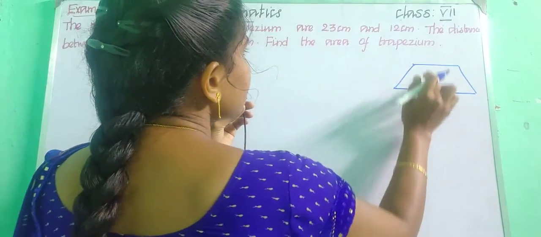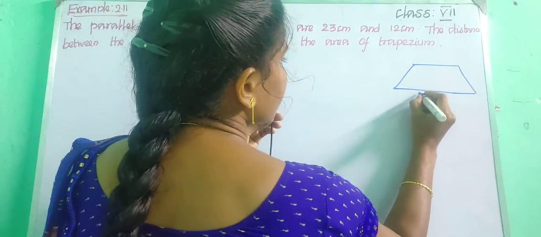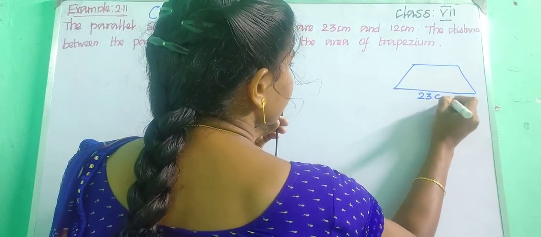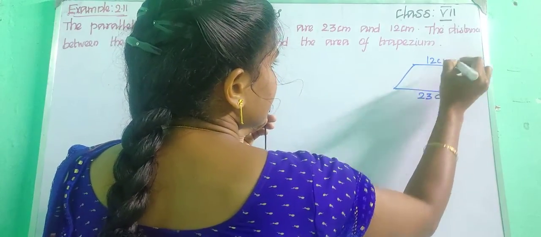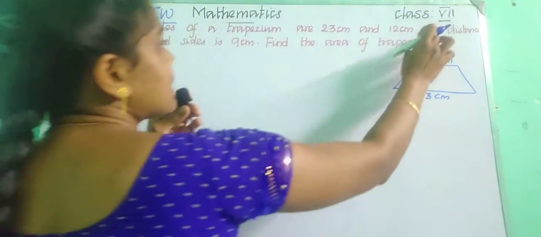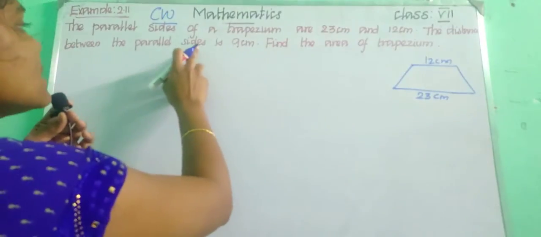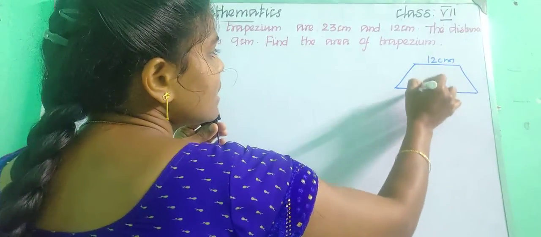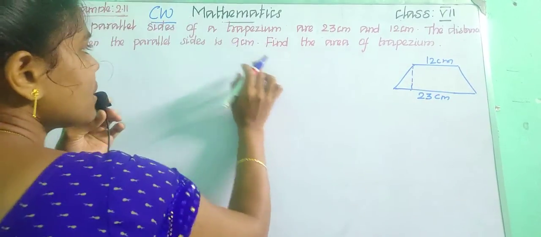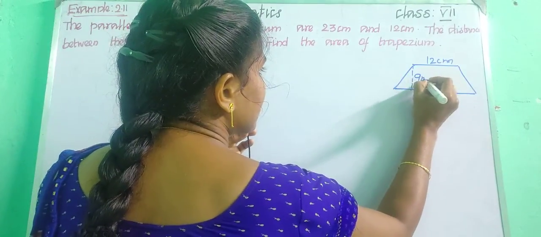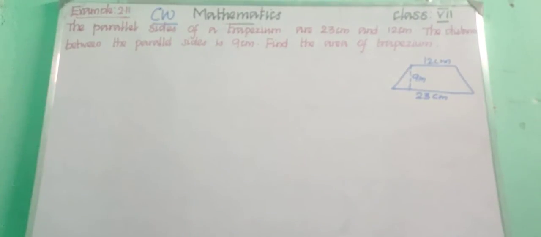The parallel sides of a trapezium are 23 centimeter and 12 centimeter. The distance between the parallel sides is the height, right? So height equal to 9 centimeter. Find the area of trapezium.